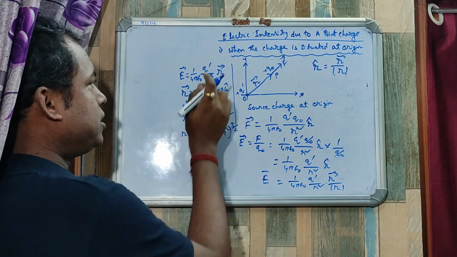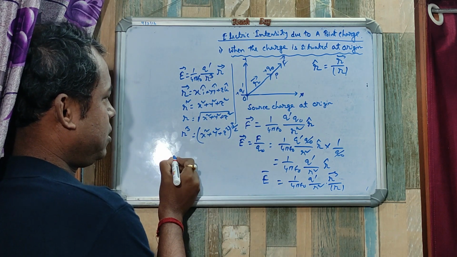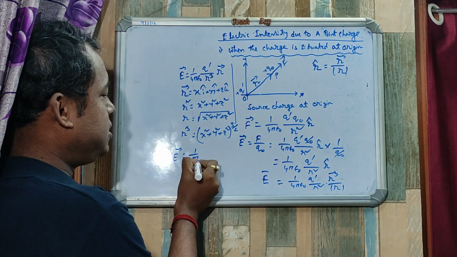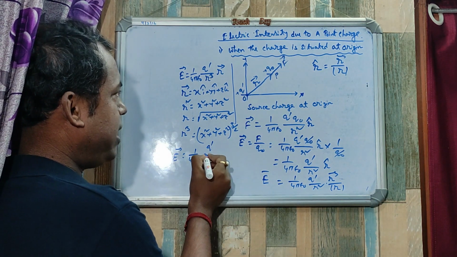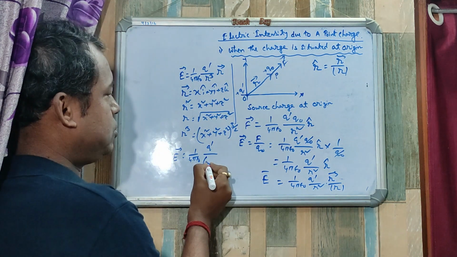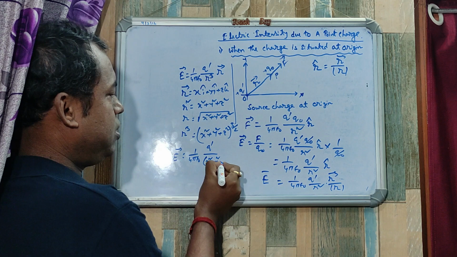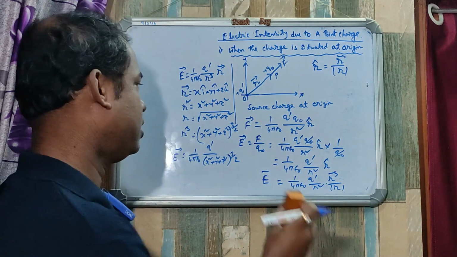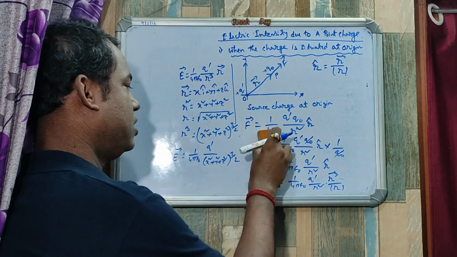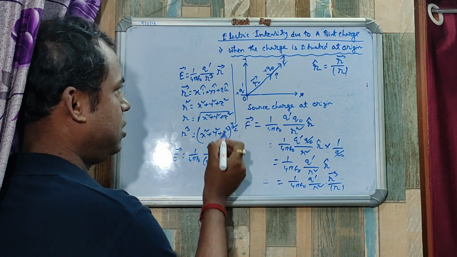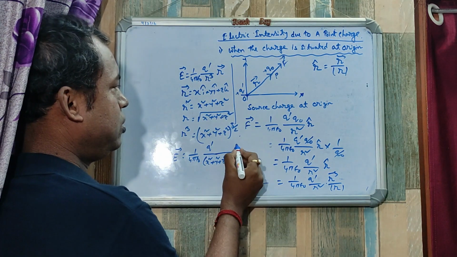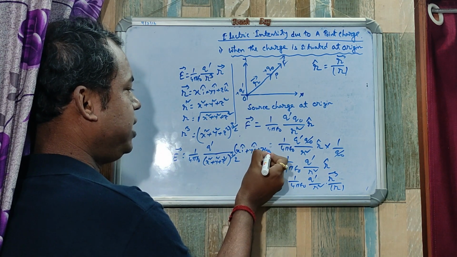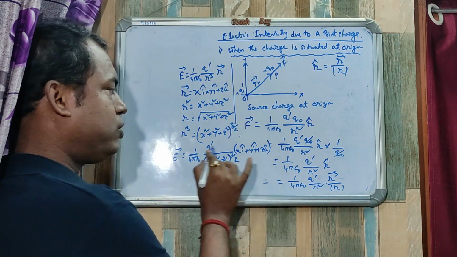Now putting this value here, we write electric intensity equals 1 by 4 pi epsilon 0, or epsilon naught, q dash by x square plus y square plus z square to the power of 3 by 2, and the vector r equals x into i cap plus y into j cap plus z into k cap. So this is the total value.